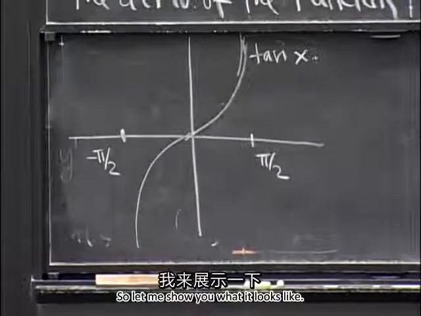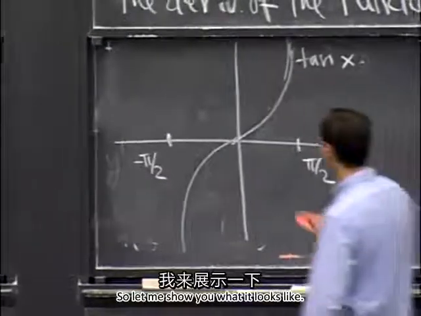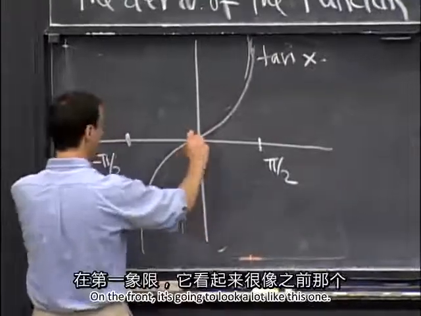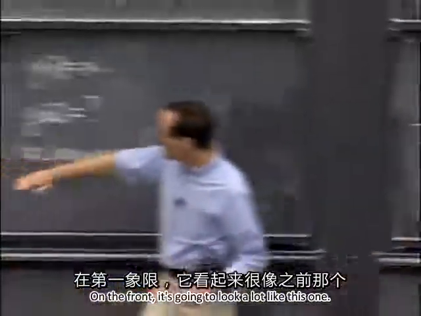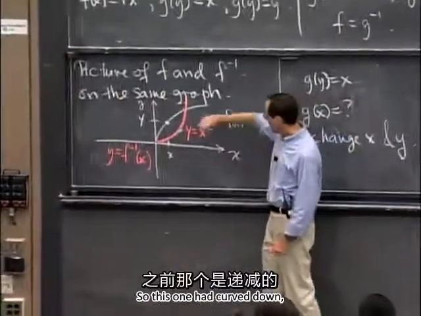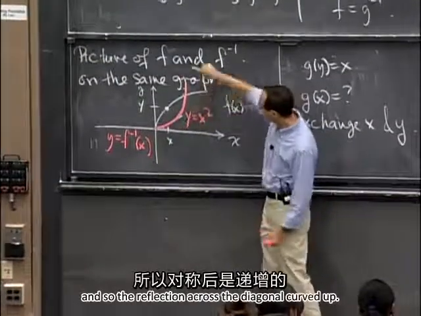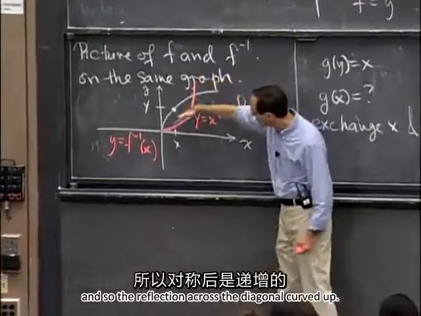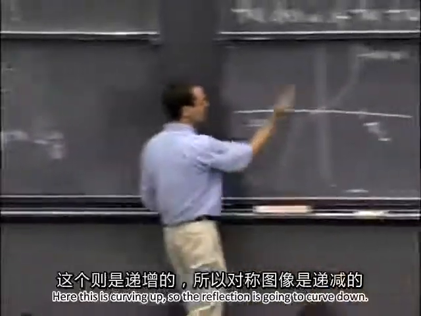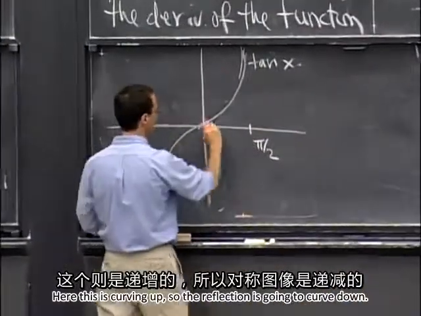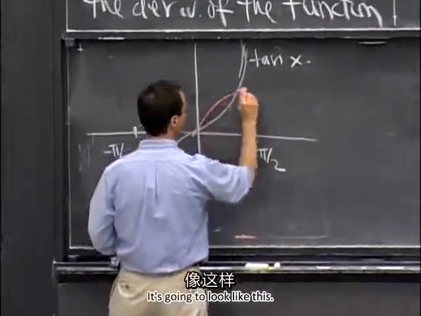All right, so let me show you what it looks like. On the front end, it's going to look a lot like this one. So this one had curved down, and so the reflection across the diagonal curved up. Here, this is curving up, so the reflection is going to curve down. It's going to look like this.